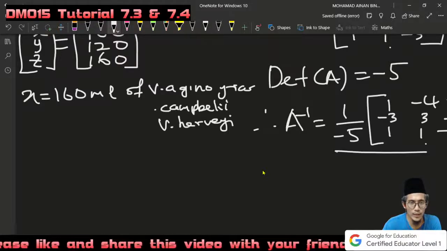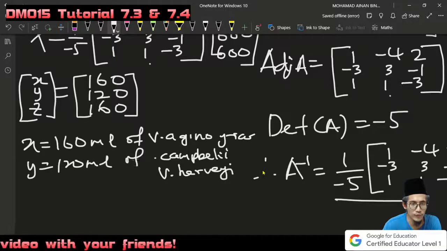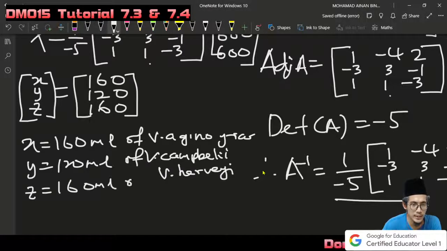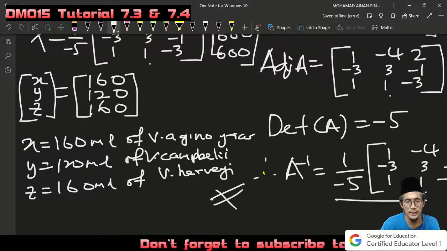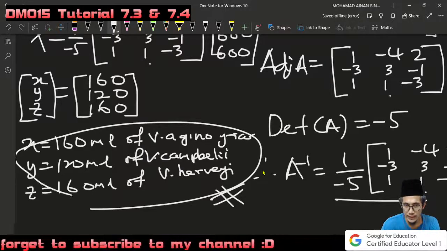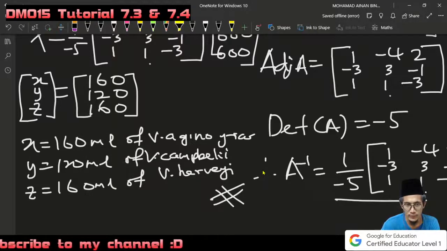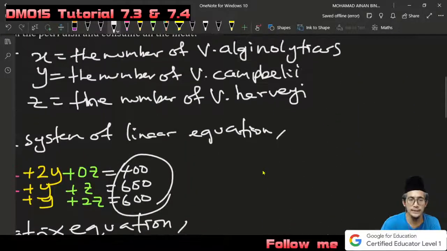So, X adalah that one. Y adalah 120 milliliter of Vibrio campbellii. And then Z equals to 160 milliliter of Vibrio herbi. Okay. So, this is the final answer. Kalau boleh soalan kamu cakap siap-siap unit dia. Ni unit dia. Dan juga apa benda menatang tu. Kalau sebut X kayu-kayu lah. Kalau sebut Y tu kucing-kucing lah. Z tu ayam-ayam. Okay. So this is the answer for this one.